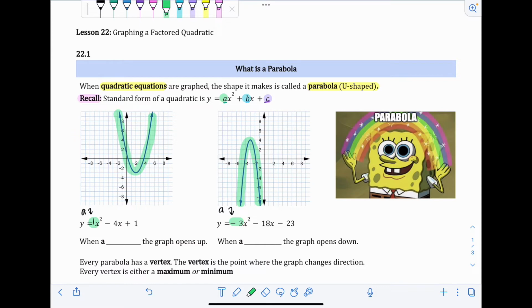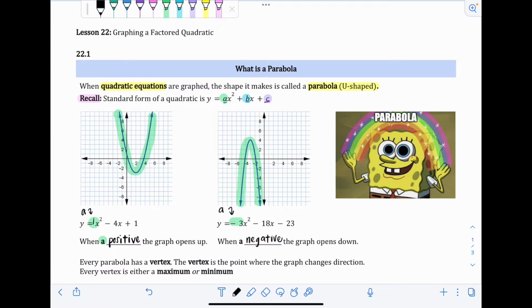Whenever a is positive, any positive number, like positive 0.1 or positive 1,000,000, the graph will open upward. When a is positive, the graph opens up. And when a is negative, the graph opens down.